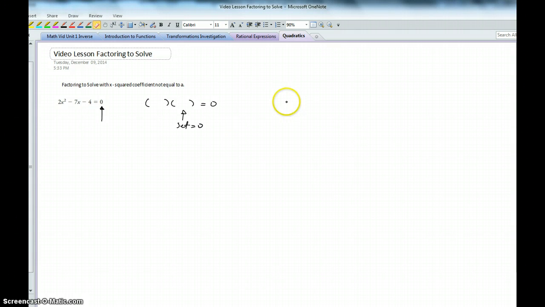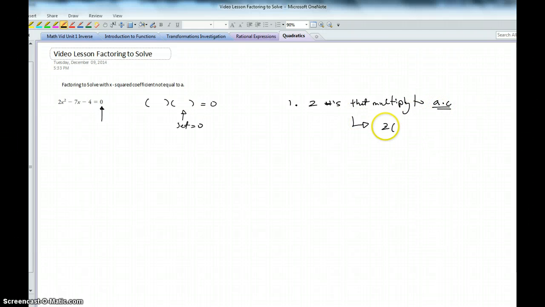So the first step when solving this is to find two numbers that multiply to the a and c value. Okay, so it's the a and c value that we're going to decompose with. So that's 2 times -4 equals -8.